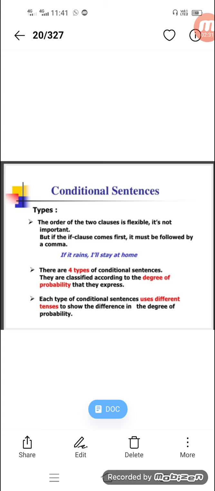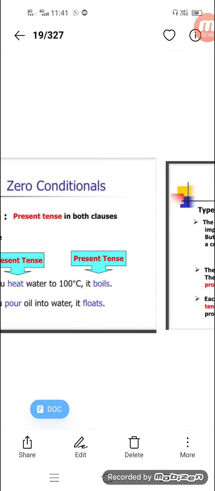Each type of conditional sentences uses different tenses to show the difference in the degree of probability. The conditional sentences can be written by using different tenses, right?